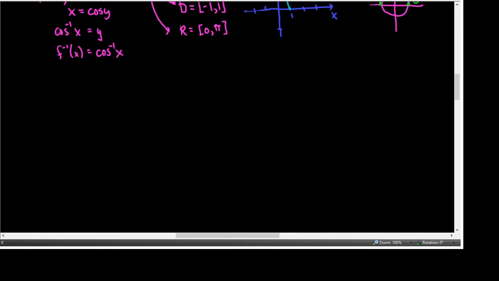Notice that negative pi over 2 to pi over 2 is a common range for arcsine, arctangent, and arc cosecant, with maybe something left out. Like for tangent, you can't use negative pi over 2 or pi over 2 because the original graph has vertical asymptotes at those x values.